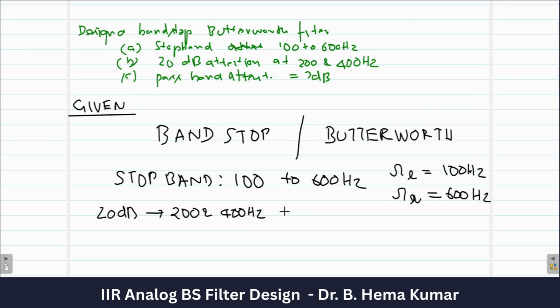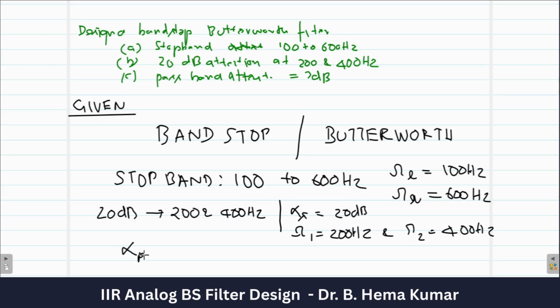So this gives the information that alpha S is equal to 20 dB, and omega 1 is 200 Hz and omega 2 is equal to 400 Hz. And third, passband attenuation is 3 decibels, which means that alpha P is equal to 3 decibels.